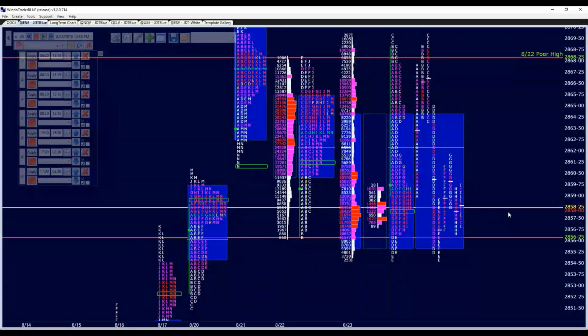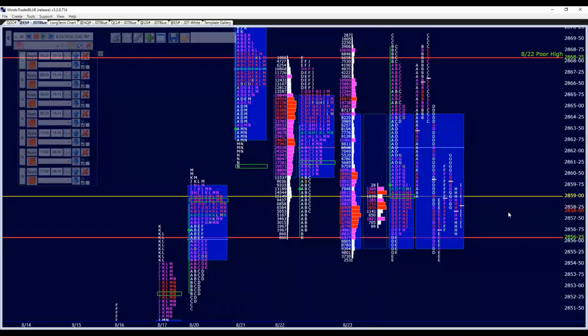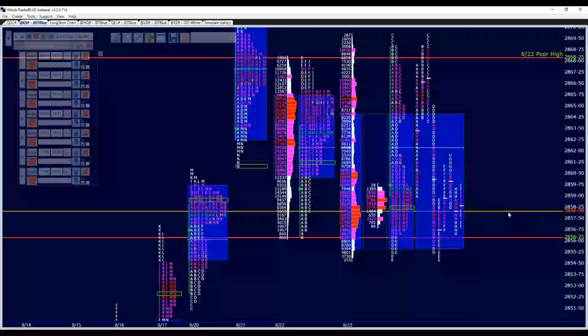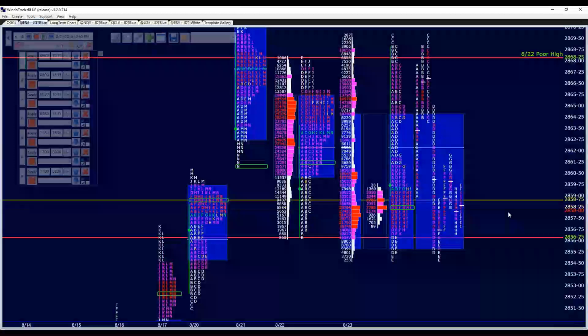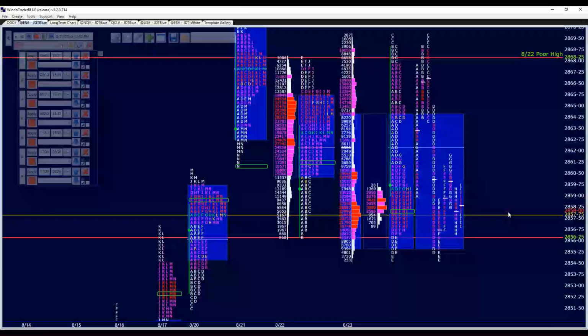So now the market, as you can see, the rotation is going lower, higher, lower. So two-sided trade is taking place. When two-sided trade is taking place, the market is coming into short-term balance. In short-term balance, you're likely to get a lot of back and forth action.